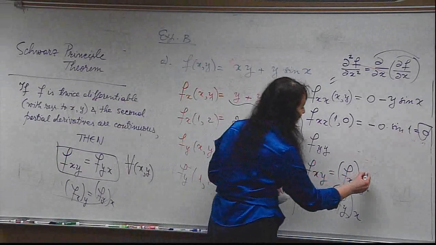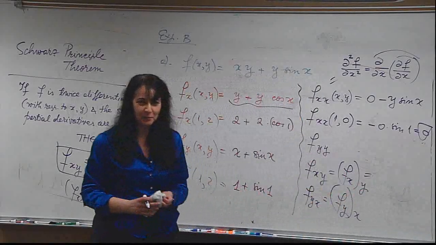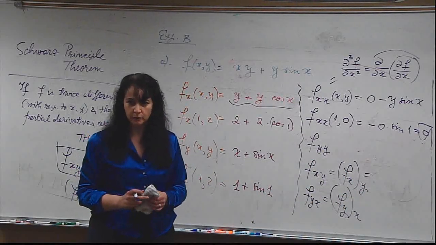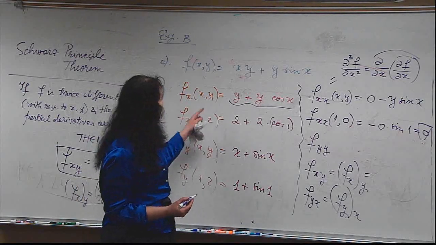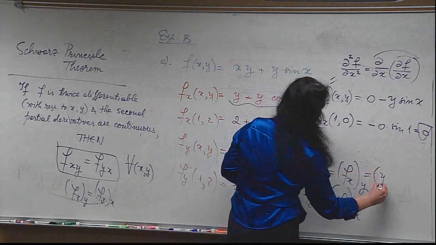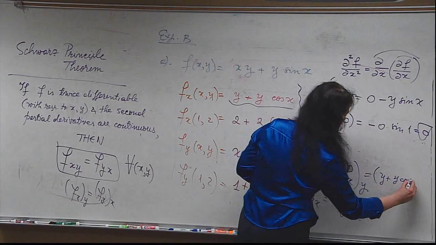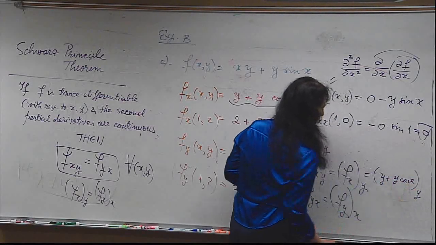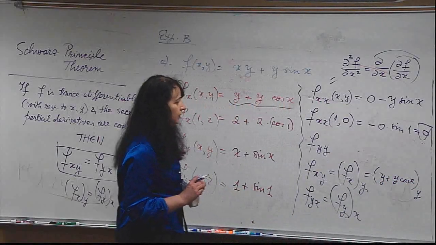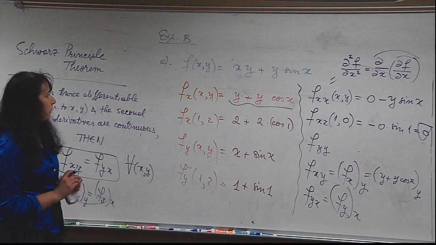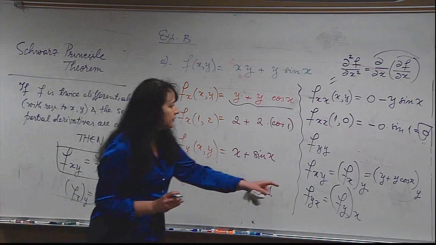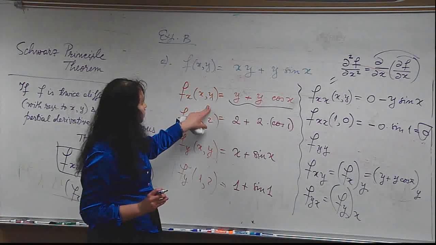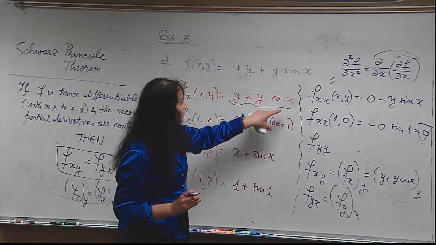But let's verify it on a baby example. So f sub x is y plus y cosine x, primed again with respect to y. And what do we get out of that? Cosine of x. Are you guys with me? So f sub x was y plus y cosine x.